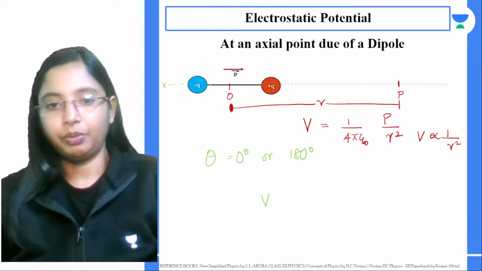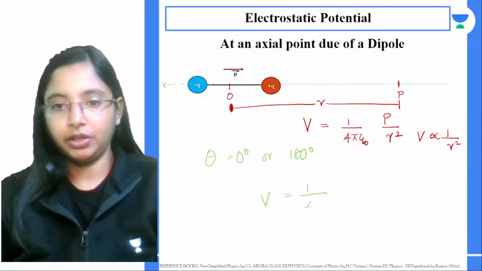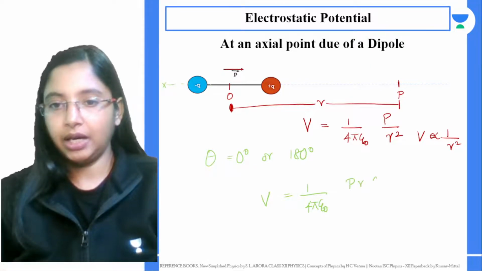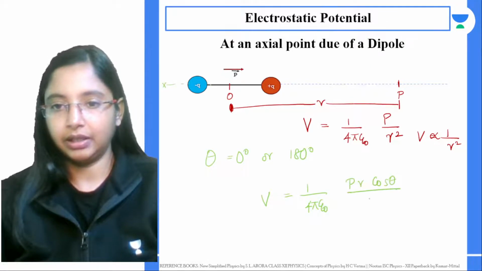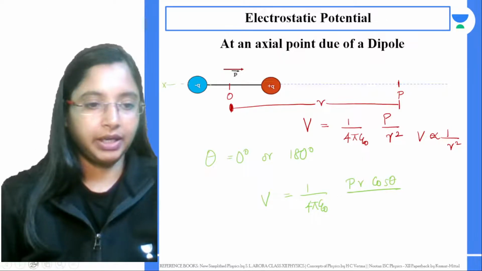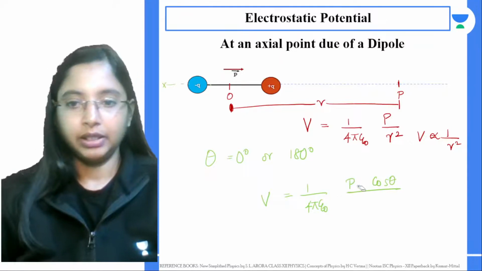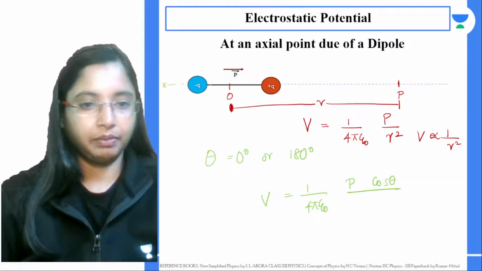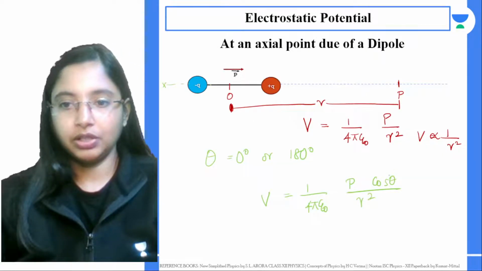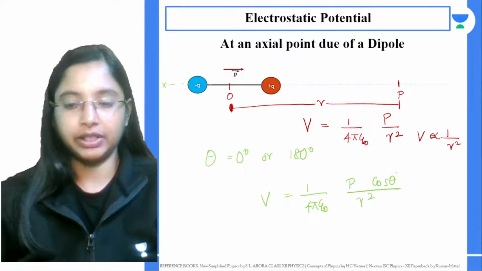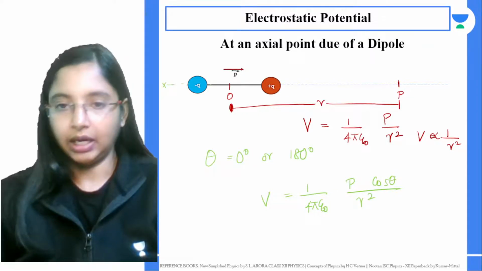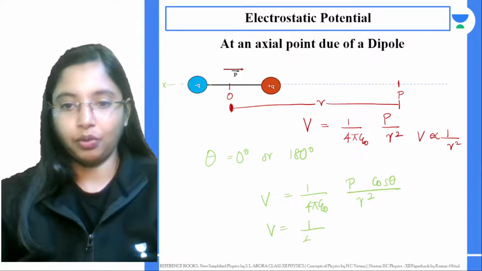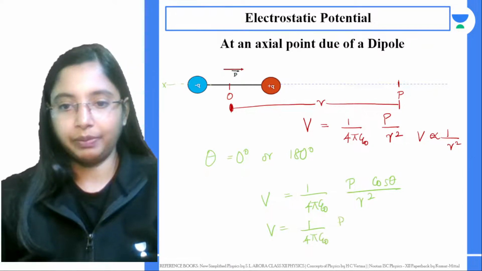In this case, your potential will be, we saw, 1 by 4 pi epsilon naught, P cos theta by R square. If theta is 0 degrees, cos 0 is basically 1, then you will get V is equal to 1 by 4 pi epsilon naught P by R square.